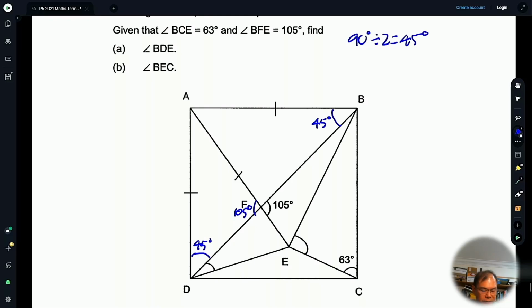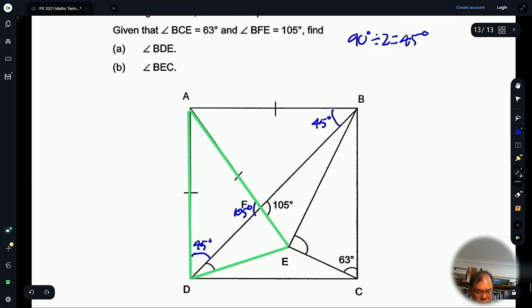So for the first angle, BDE, I'm going to use a strategy. I'm going to make use of this isosceles triangle here to help me. Let me draw the isosceles triangle properly.